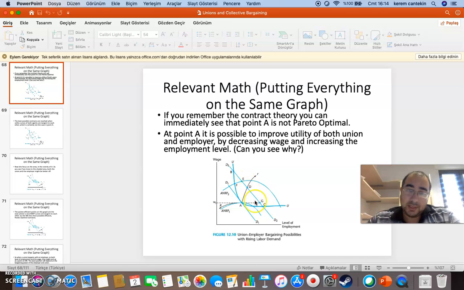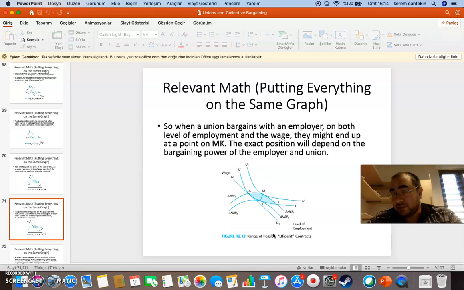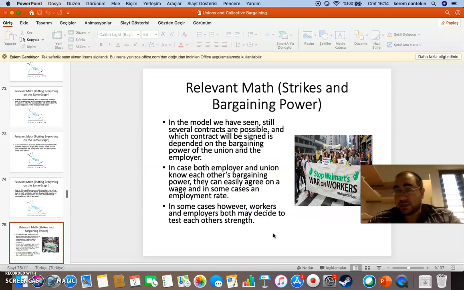There will be some bargaining process going on about how to distribute the benefits, and things would be much more difficult if you don't have benefits to distribute, but rather some losses to be taken out from either workers or the company. And in that case, actually, the strikes are the main power of the union.